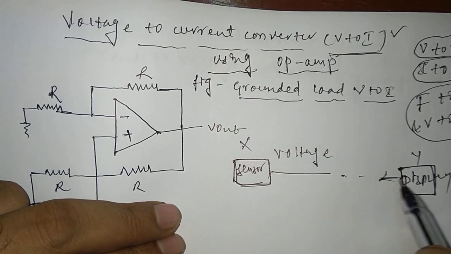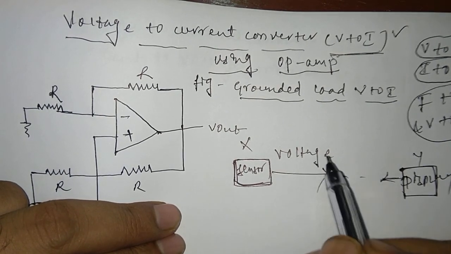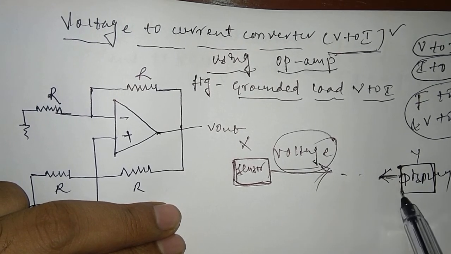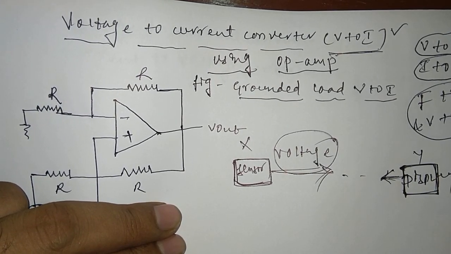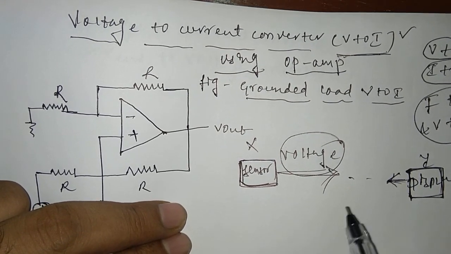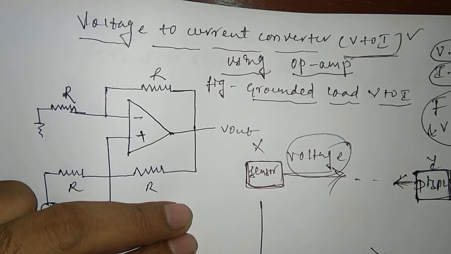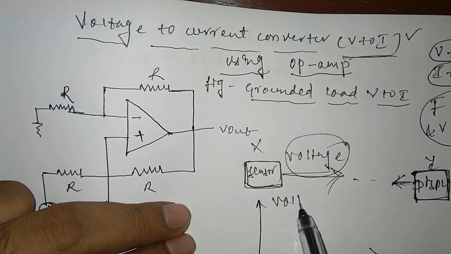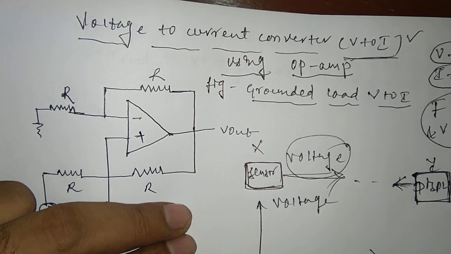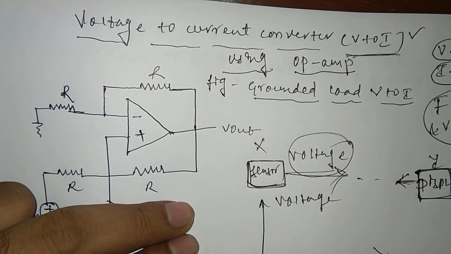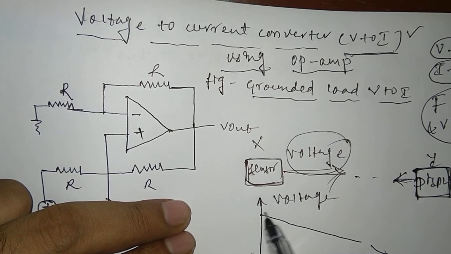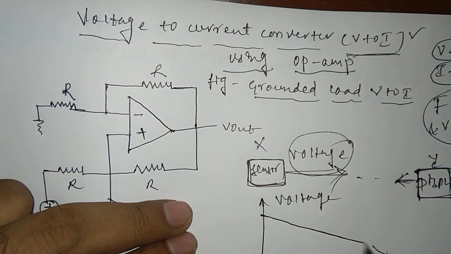Now what is the problem with this? Can't I transmit the voltage directly and display? Yes, you can, but the problem is, with distance, the voltage will fall like this.